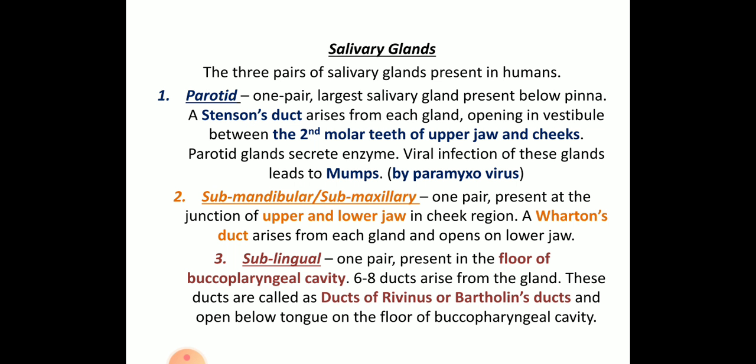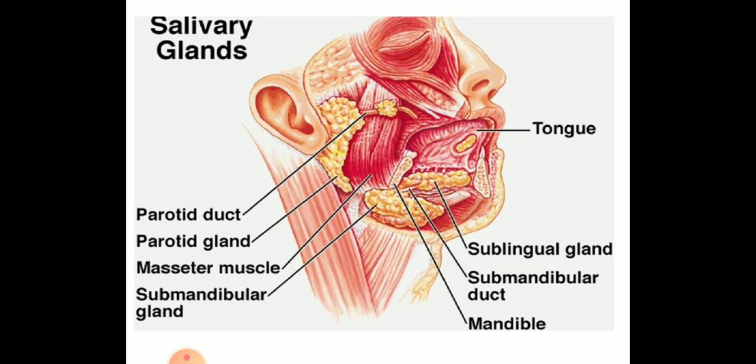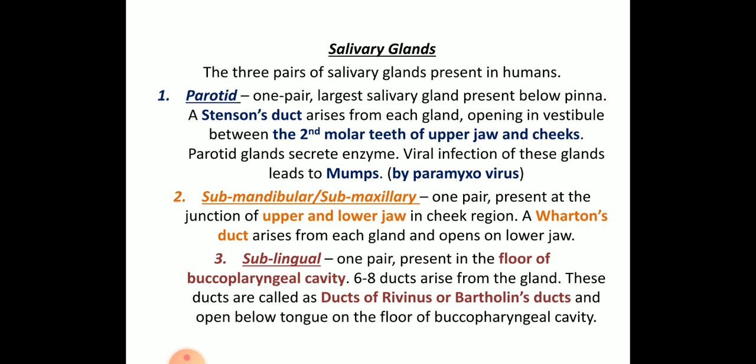Next we have the sublingual glands. Lingual relates to the tongue. So you can see sublingual glands are mainly present on and near the tongue region. Sublingual glands are also one pair, and they are mainly present in the buccopharyngeal cavity.